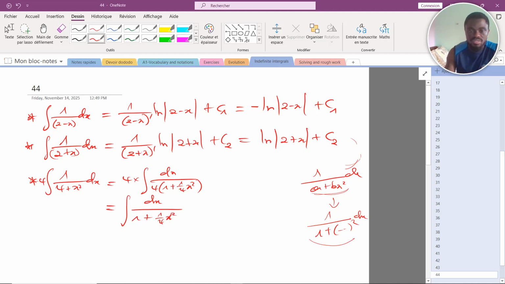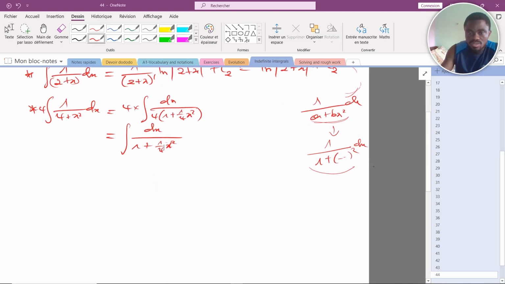We are supposed to bring this inside the x to have all that squared. To bring this inside the square, we use the technique we have been using. So this will be equal to the integral of dx on 1 plus the square root of 1 on 4, all that squared, times x squared.